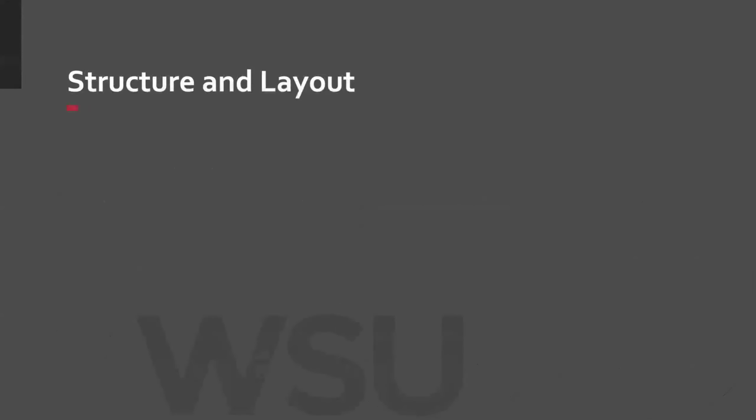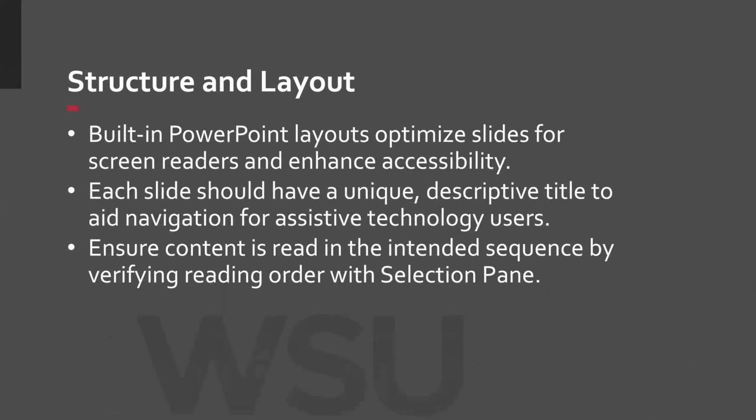The structure and layout slide is shown, featuring a bulleted list. So we'll start with structure and layout. Built-in PowerPoint layouts optimize slides for screen readers and enhance accessibility. I'll demonstrate that here in a moment. Each slide should have a unique and descriptive title. This aids in the navigation for assistive technology users.